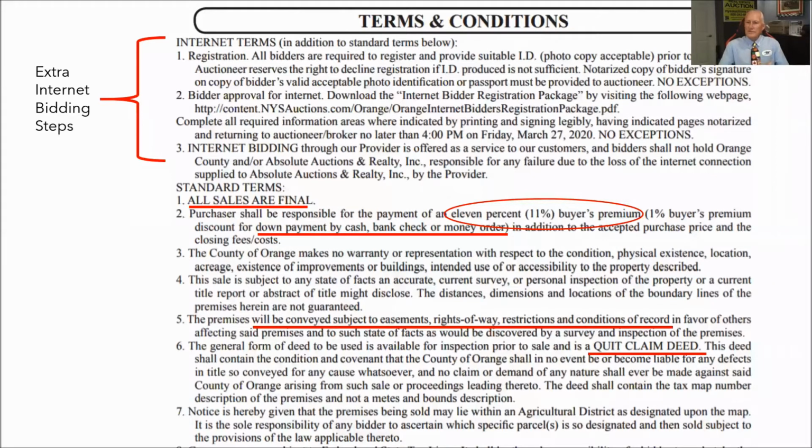Under the standard terms, all of these sales are final. Once you finish paying, once you get your deed in the mail, it's your property. That's it. There's no changing your mind. And that's the end of it. And also, if you go back to Article 11, you learn there that all of the lien holders who are wiped away from this process and former owners, they're not able to come back later on and turn the sale around.